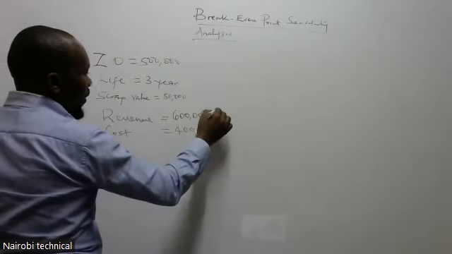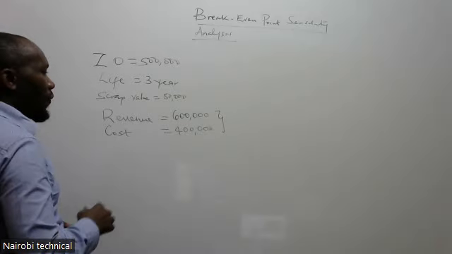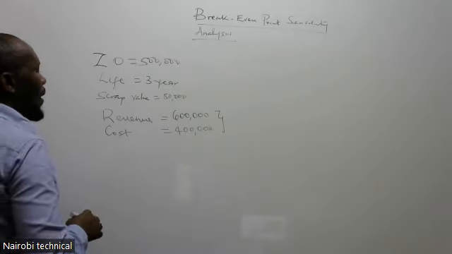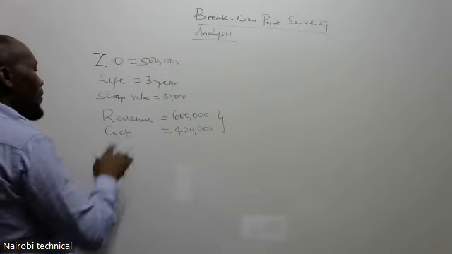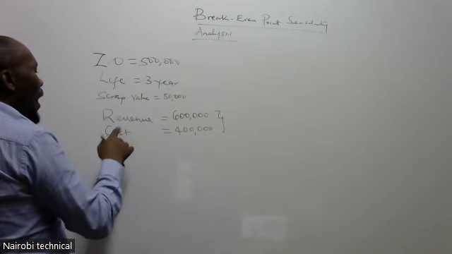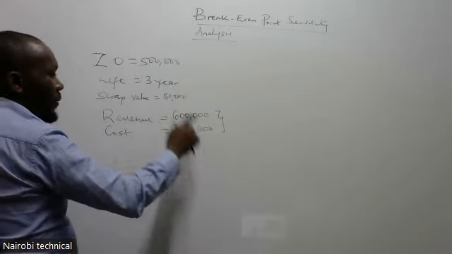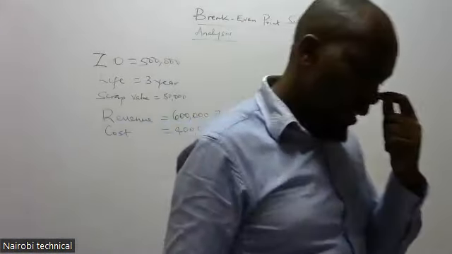So this means that for each of the years of usage, the equipment is expected to increase the revenue and cost to 600 and 400 respectively. That means it is an annual thing, right?